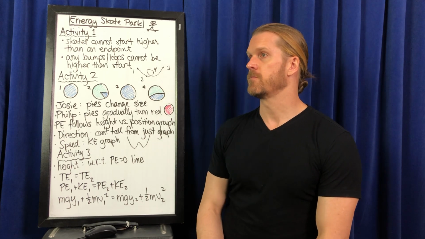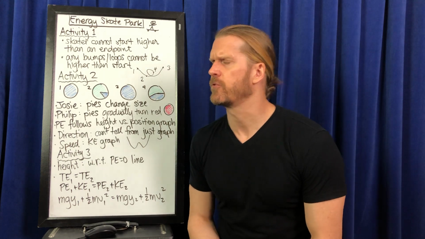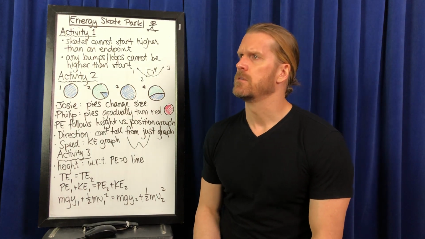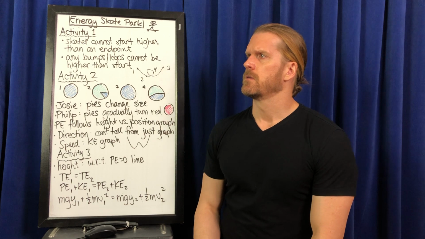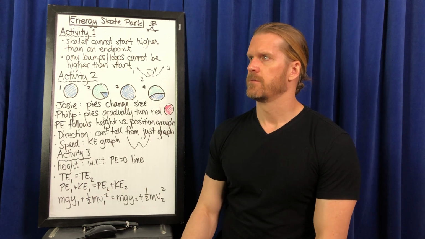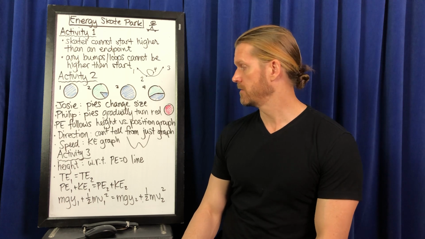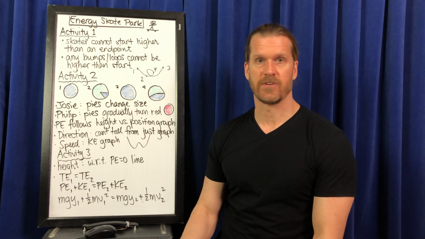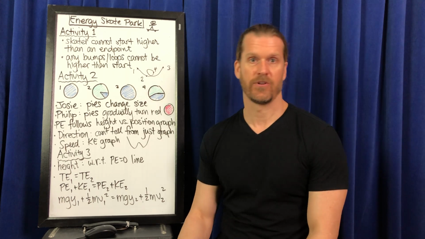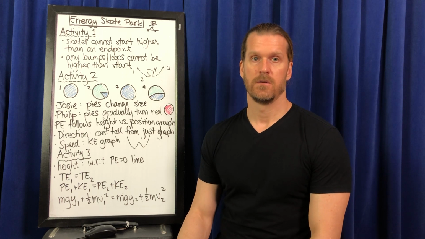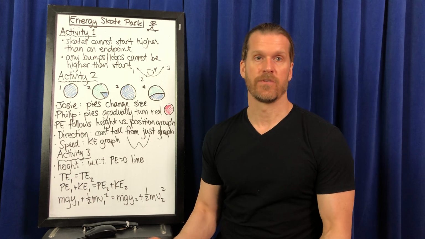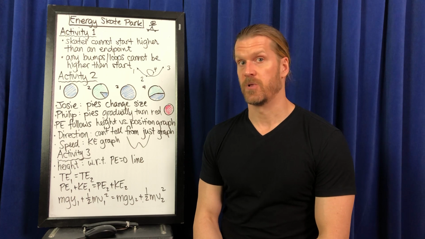Okay, and these last questions, question 3 and 4, no, let's just do question 3. So you measure some values for the skater at a certain point on the track. How could you use those values to calculate other values at other points on the track? Well, this is where the law of conservation of energy comes into play.